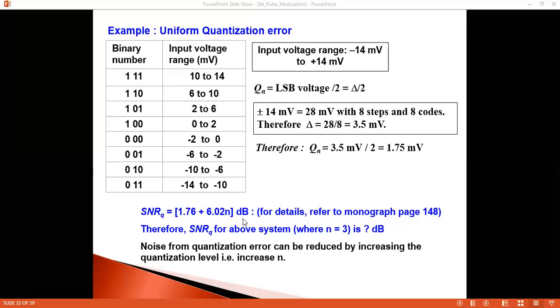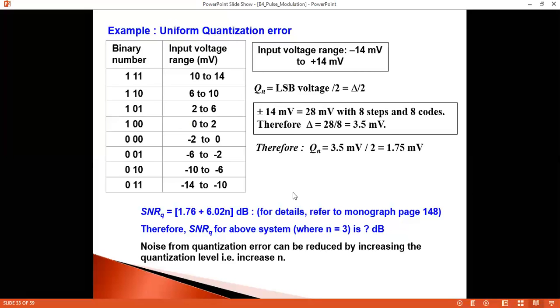Yeah, so you have to be careful. The whole thing is in dB. So noise from quantization error can be reduced by increasing n, which is the number of bits. Like I said, there's a trade-off between bandwidth and error.